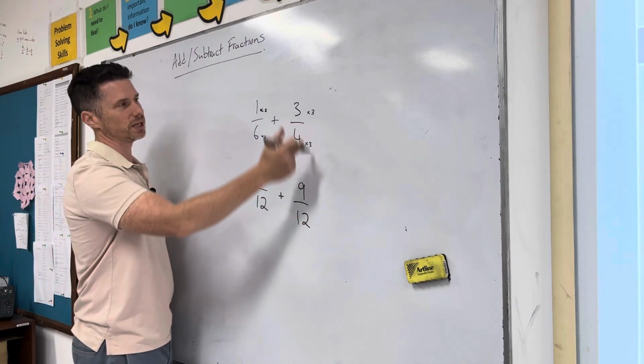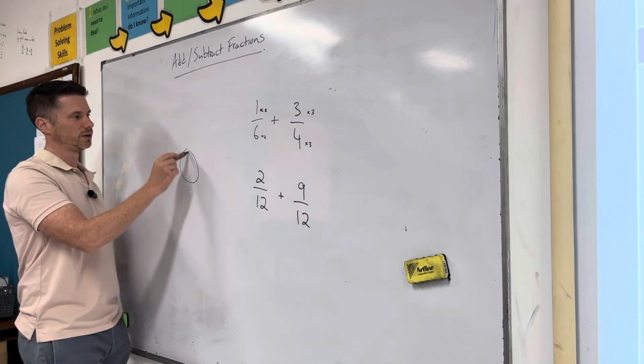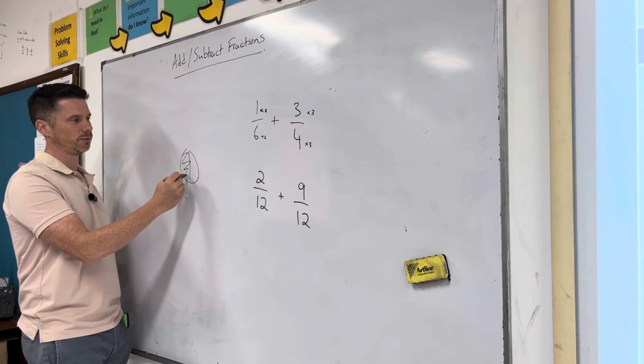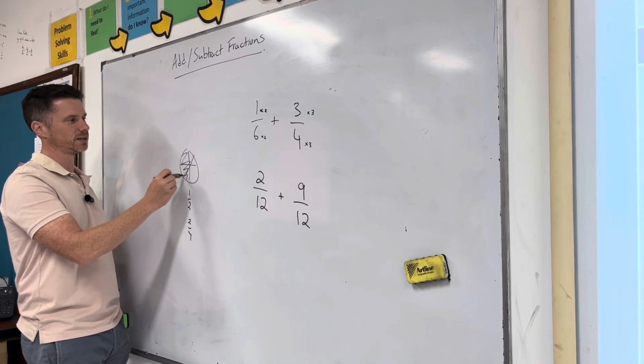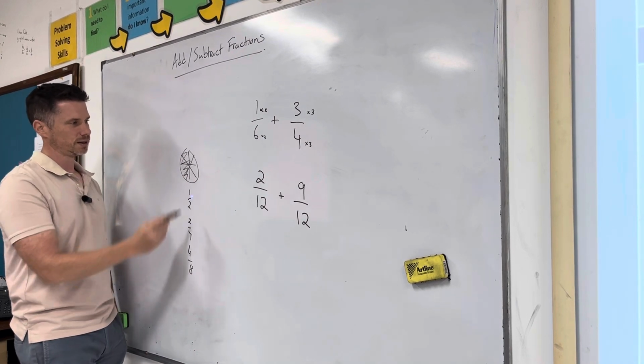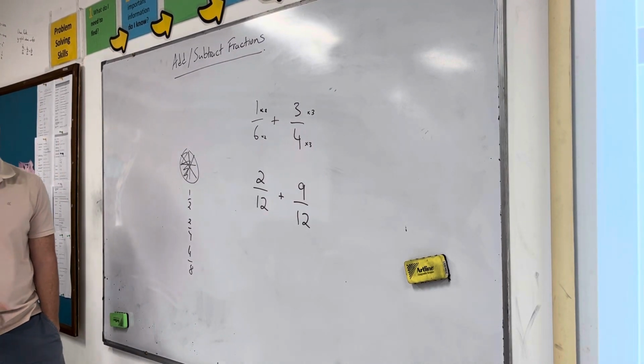So 9 12s is the same as 3/4. I've just split up in the same way as 1/2 can be written. 1/2 is the same as 2/4 is the same as 4/8, just by splitting the size of the slice. Okay, so now I have this.